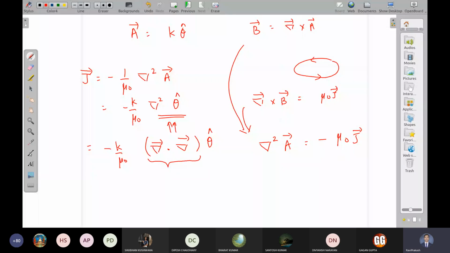We need to simplify this thing in cylindrical coordinates, right? What is del in cylindrical coordinate?